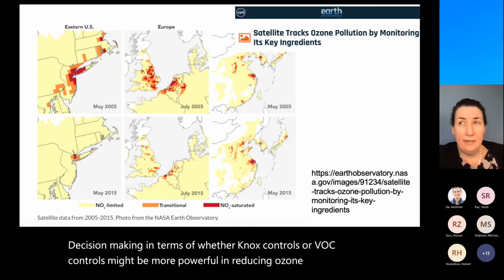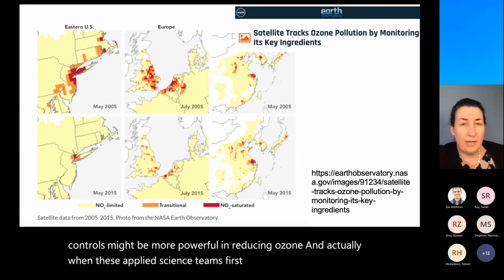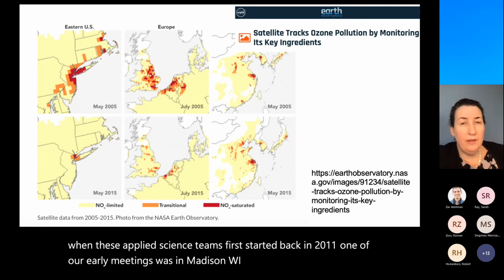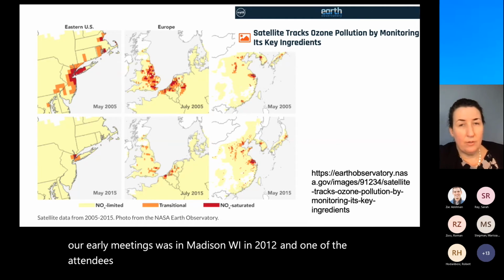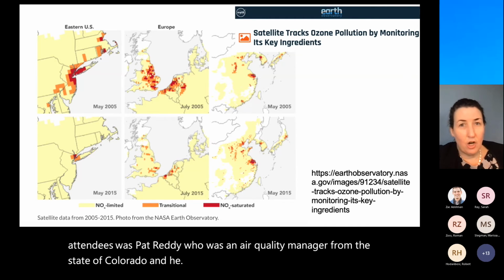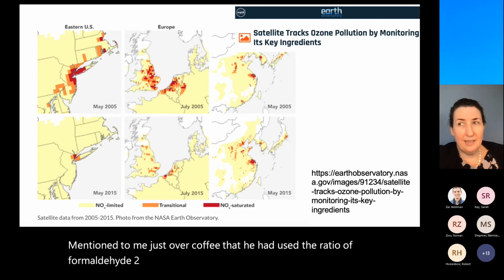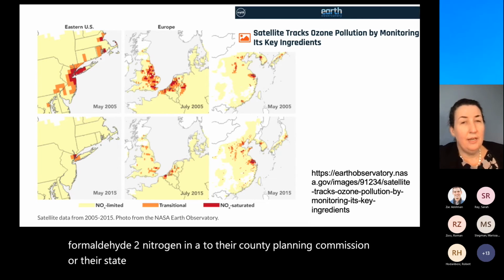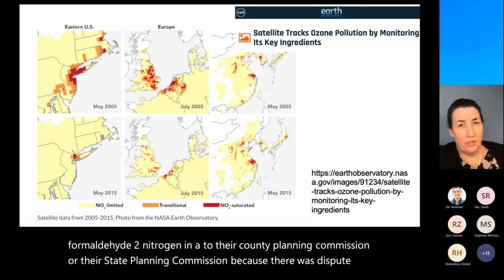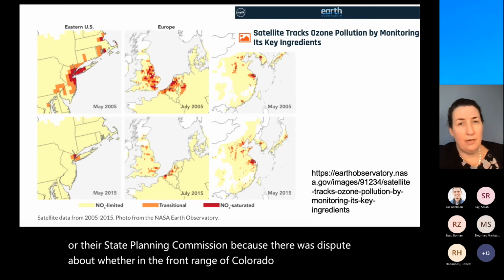When these applied science teams first started back in 2011, one of our early meetings was in Madison, Wisconsin in 2012. One of the attendees was Pat Reddy, an air quality manager from the state of Colorado. He mentioned to me over coffee that he had used the ratio of formaldehyde to nitrogen dioxide in a briefing to their planning commission, because there was dispute about whether in the Front Range of Colorado, ozone was NOx limited or VOC limited.